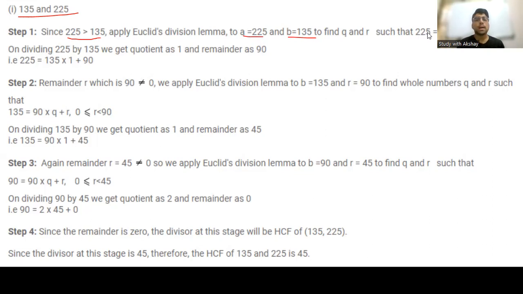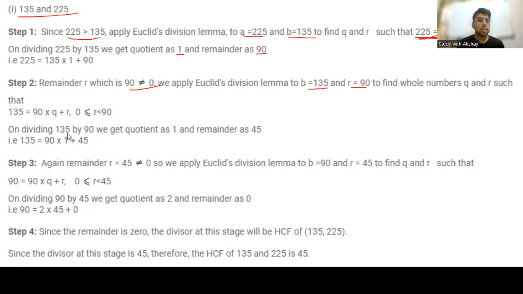Find Q and R using the formula A is equal to BQ plus R. Upon simplifying, you get Q as 1 and remainder as 90. So 90 is not equal to 0. So again, apply Euclid's division algorithm with B equal to 135 and R equal to 90.